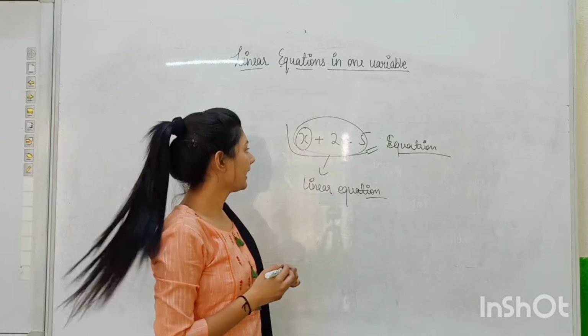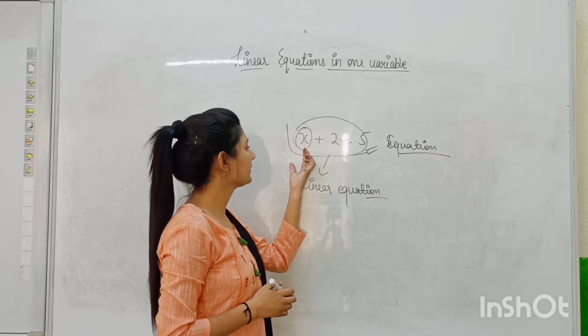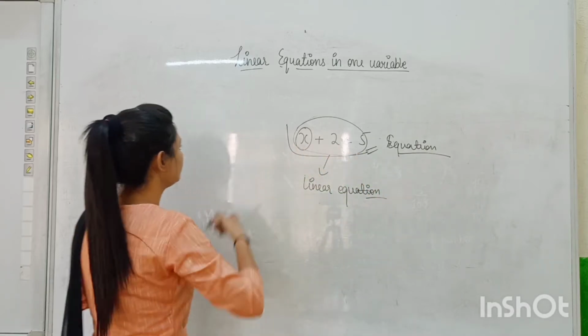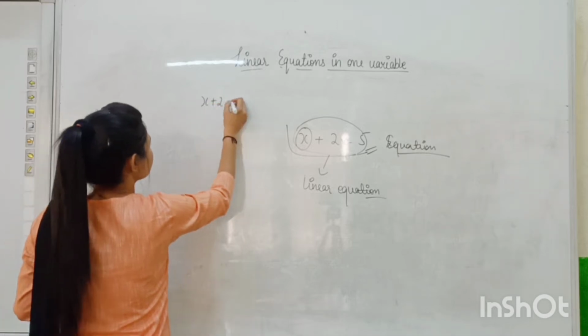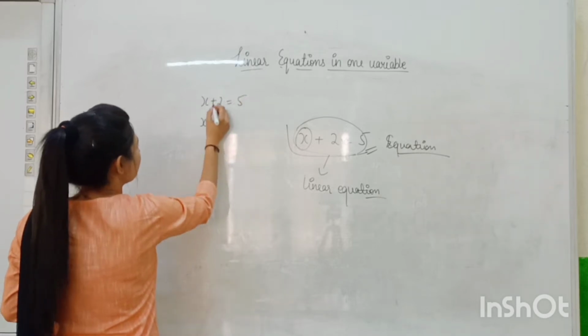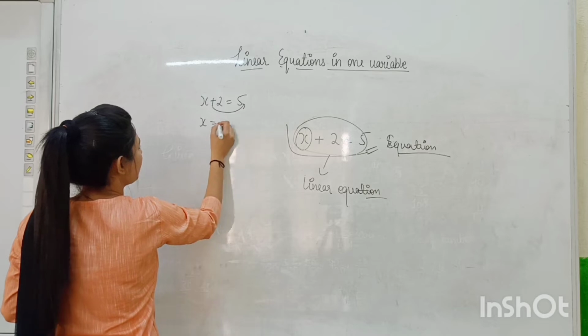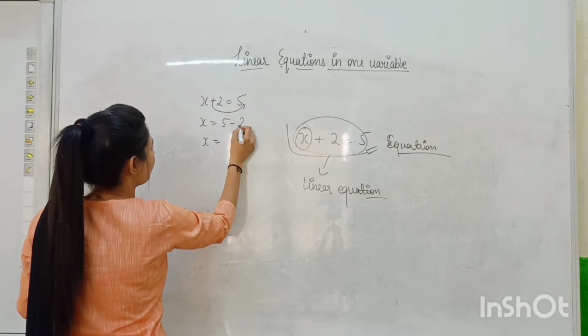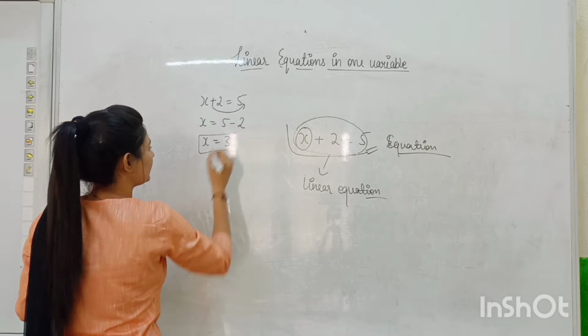Variable means anything whose value is dependent on other numbers. Okay? Suppose here x plus 2 is 5. So this plus 2 will go in the right hand side and this will become minus 2. So x will be equals to 5 minus 2, that is equals to 3.